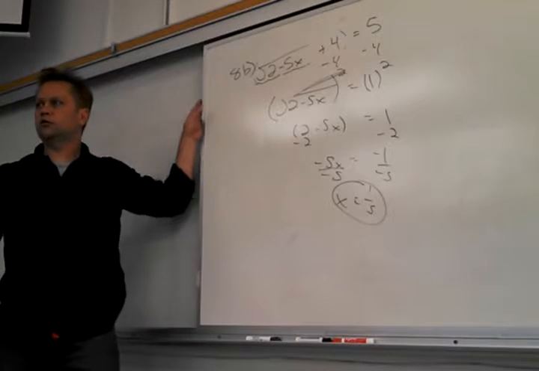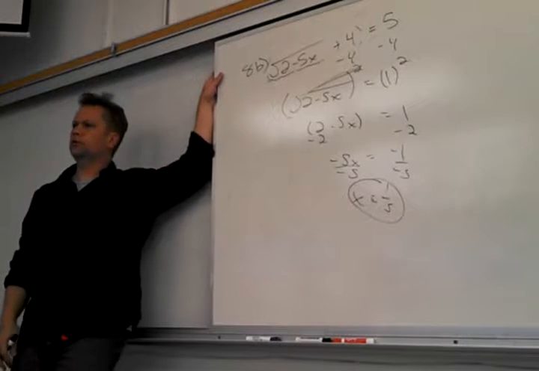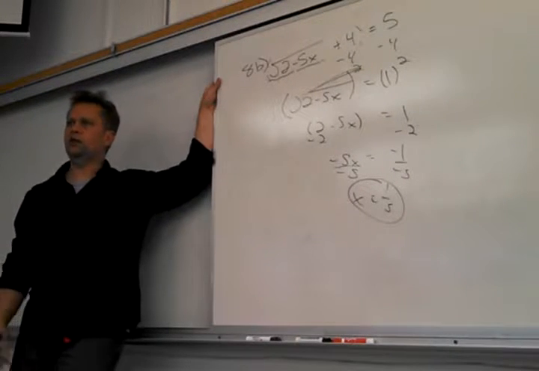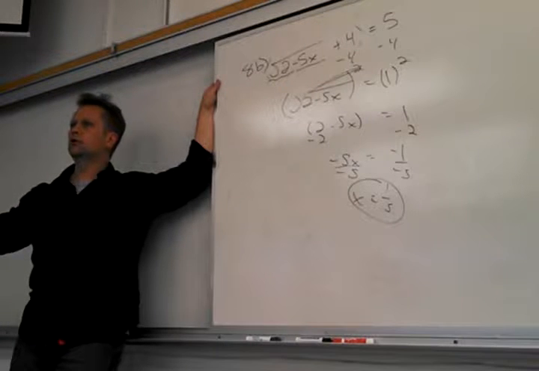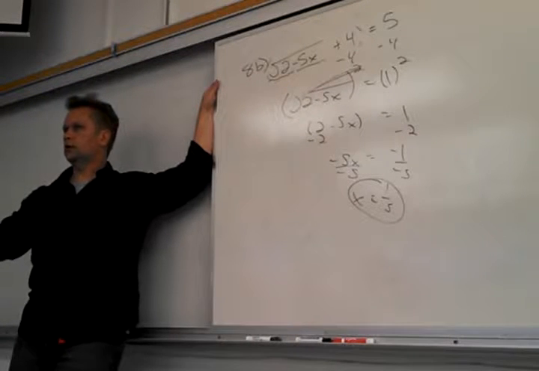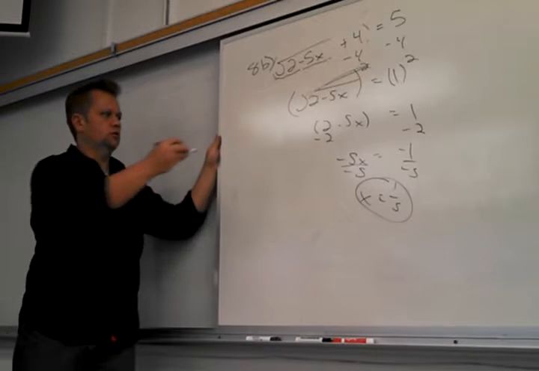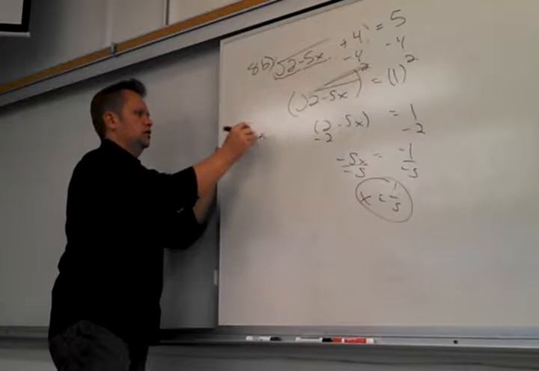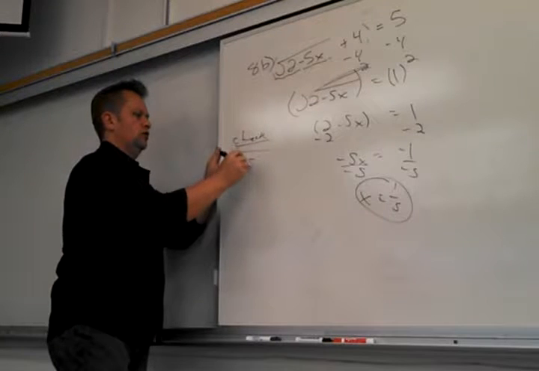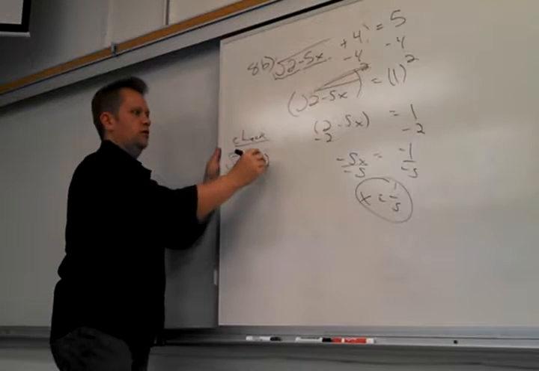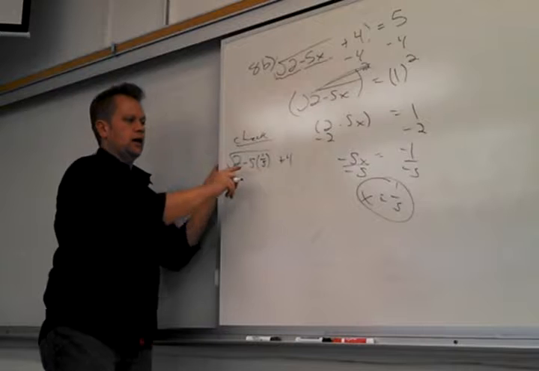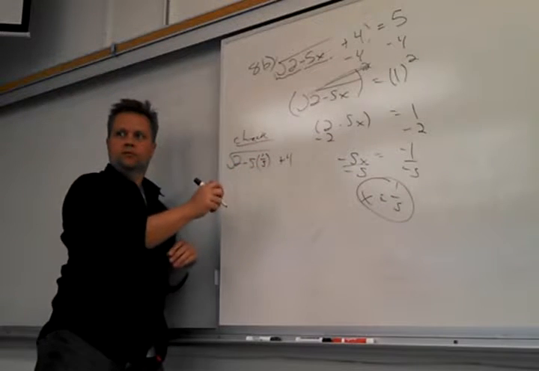Since this is a radical equation, what do I have to do? Any radical equation, once you get the answer or answers, you have to check it. So check: square root of 2 minus 5 times 1/5, plus 4. What's 5 times 1/5? 1.